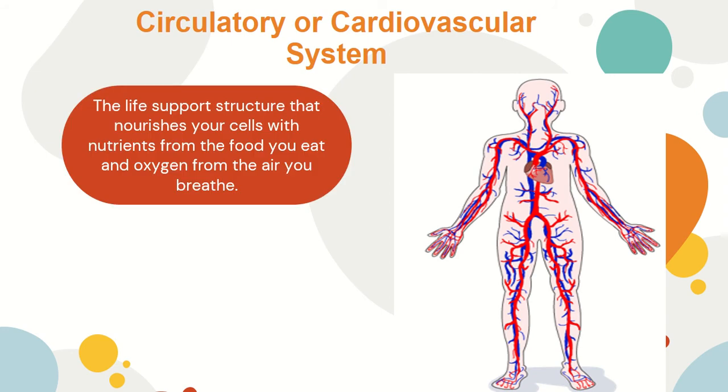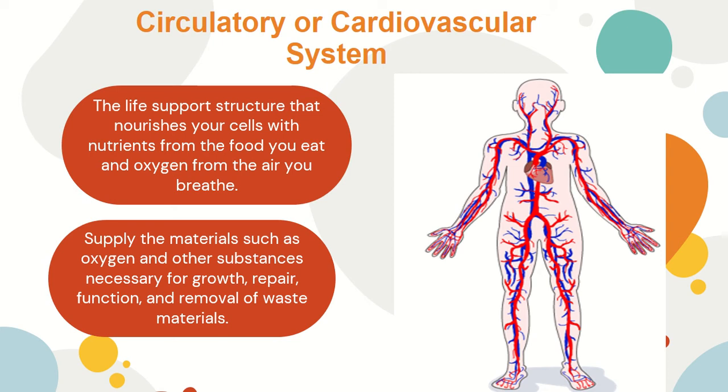Now, the circulatory system is the life support structure that nourishes your cells with nutrients from the food you eat and oxygen from the air you breathe.